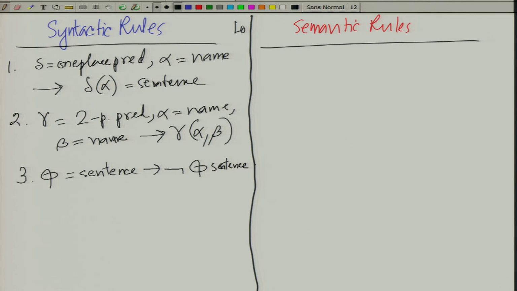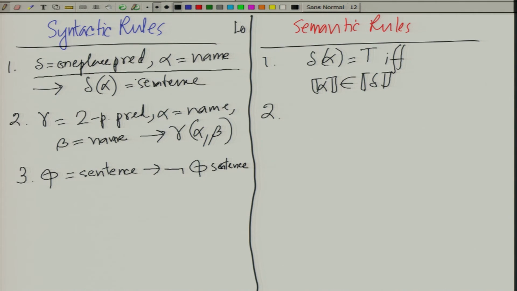Corresponding to these three rules, you have semantic rules. You have to have their corresponding semantic counterparts. For example, you have this rule which says that delta alpha, this phrase, is true if and only if the reference of alpha belongs to the reference of delta. So, here you talk about the construction rule for delta alpha, and here you talk about the truth of the construction delta alpha.